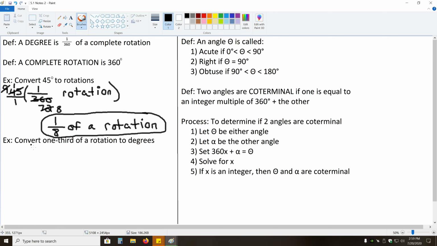From here, we now want to convert 1/3 of a rotation to degrees. I want you to take a moment, pause the video, see if you can find this conversion on your own. Okay, so trying this together, 1/3 of a rotation.